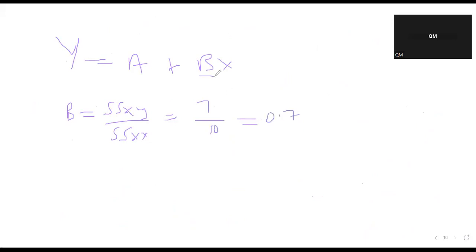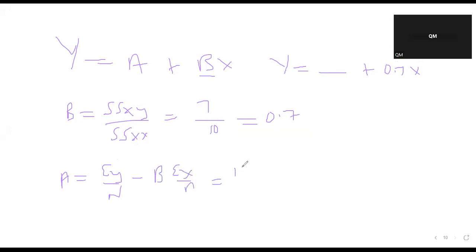So we found one part of the answer. Y is equal to a plus 0.7x. Now we need to find a. The formula for a is the summation of y over n minus b times the summation of x over n.